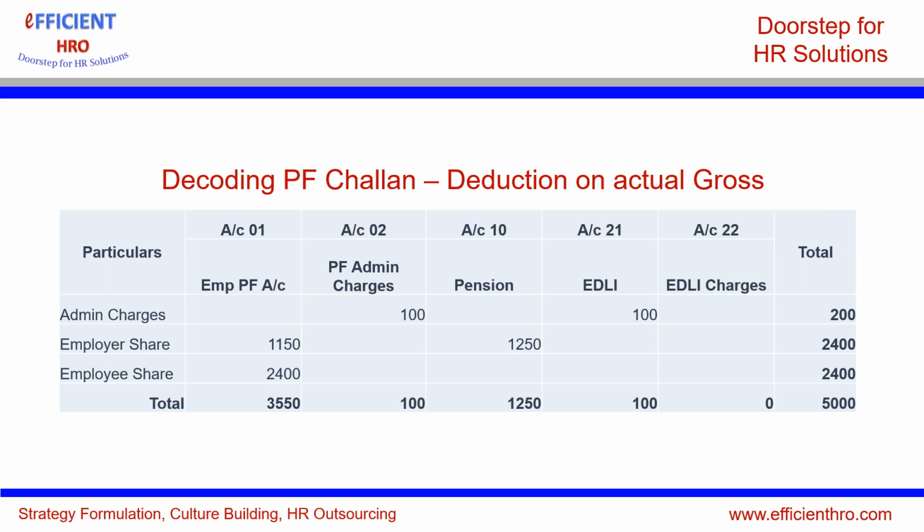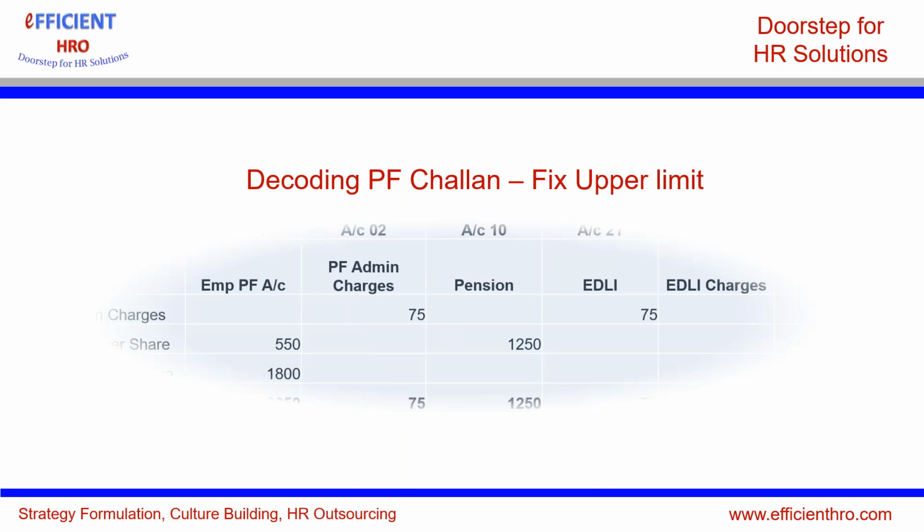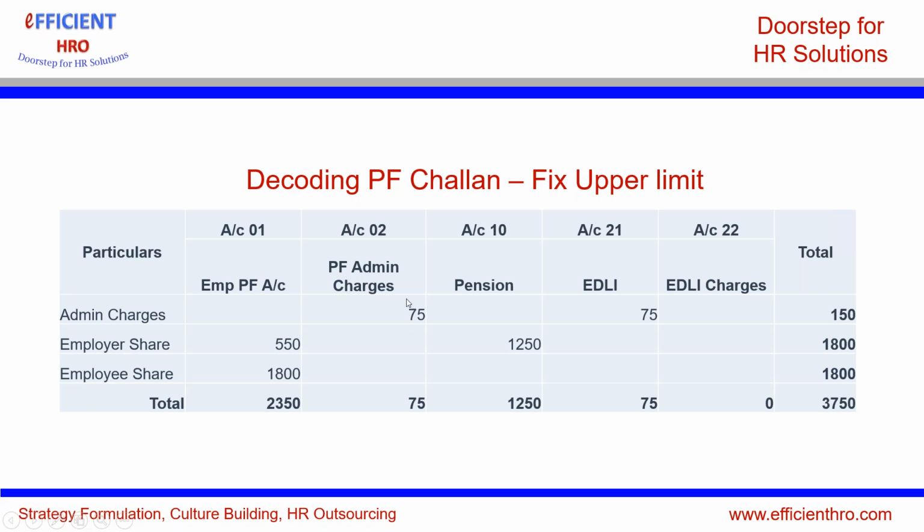So this bifurcation I am showing is for when the PF is deducted on actual gross. If PF is deducted on the fixed upper limit, the format will be the same, the only change will be in the amounts. Now the PF admin charges are 75, and EDLI 75, total 150.